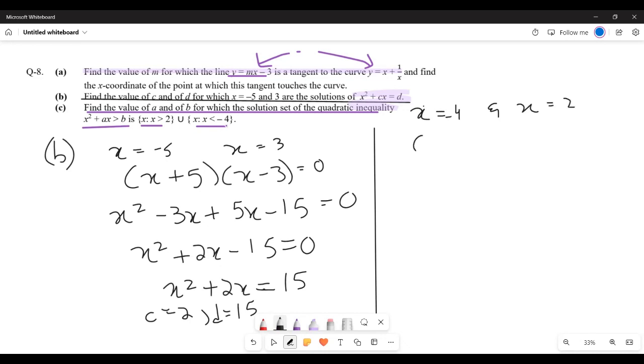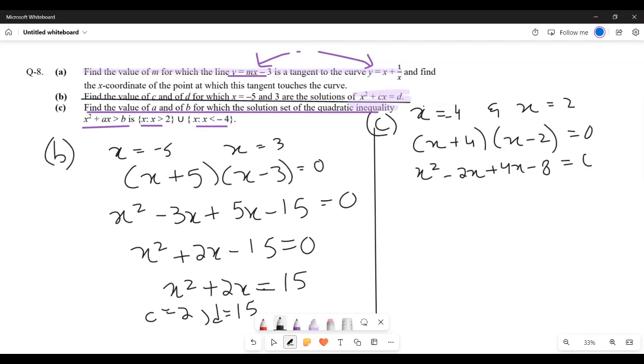Again, one step back would be x plus 4 in one bracket, part C, and x minus 2 in the other. Let's equate it to 0 for now. x squared minus 2x plus 4x minus 8 equals 0. x squared plus 2x minus 8 equals 0.